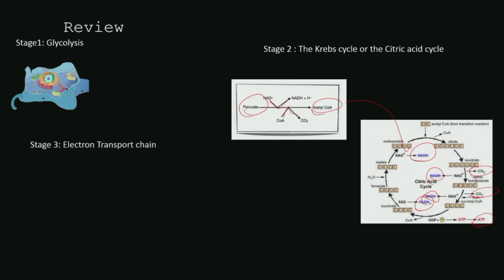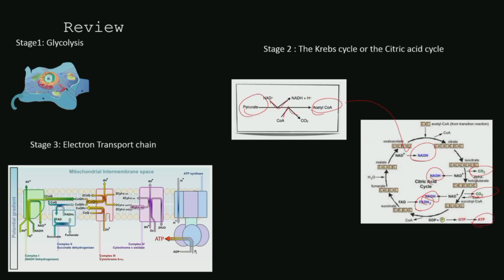Alright, and then you have the 3rd step. Again, through a series of steps like this, and then you have 2H2O. So oxygen is really the final electron acceptor.